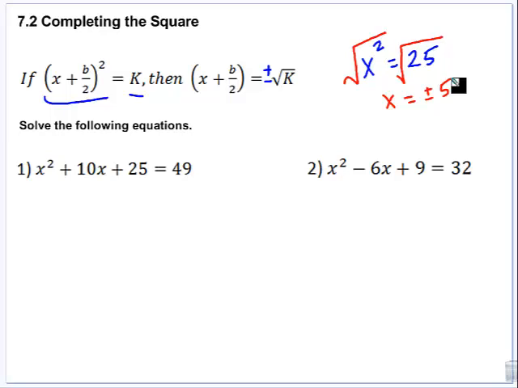So, problem 1. x squared plus 10x plus 25 is equal to 49. So we need to factor x squared plus 10x plus 25. We know that our first two terms both have to be x.